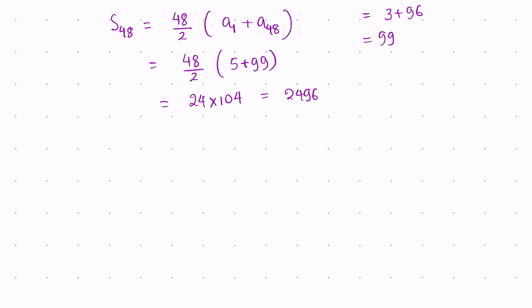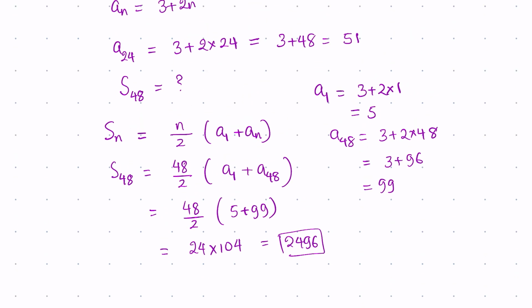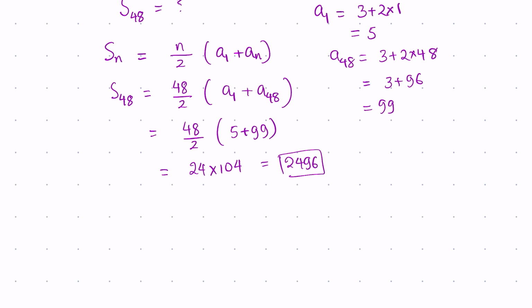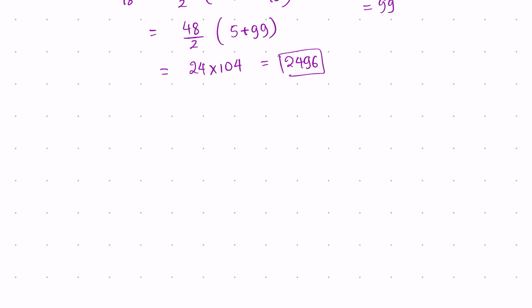Next part says, the difference of a number and its reciprocal is, so let the number be some a. So the question claims the difference of a number and its reciprocal is 58.